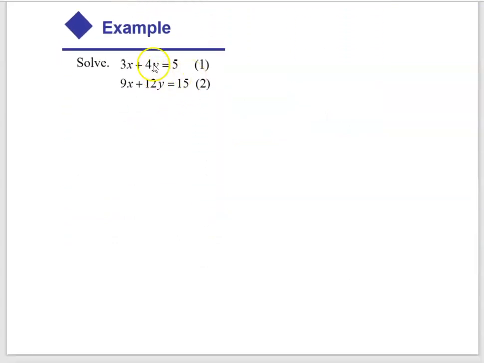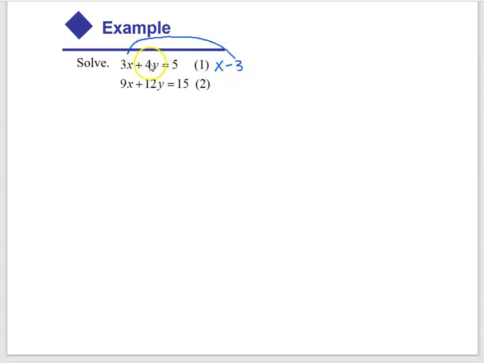Okay, so we've got 3x plus 4y equals 5, 9x plus 12y equals 15. There's a lot of things I could do here. I'm thinking maybe make this be a -9 if we multiply this by -3, and then those two would cancel out. So I'm going to multiply that whole row by -3.